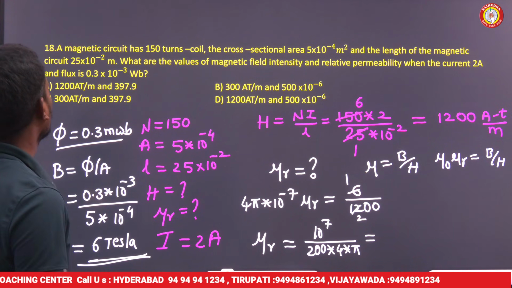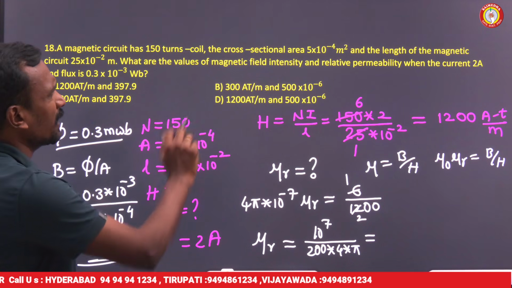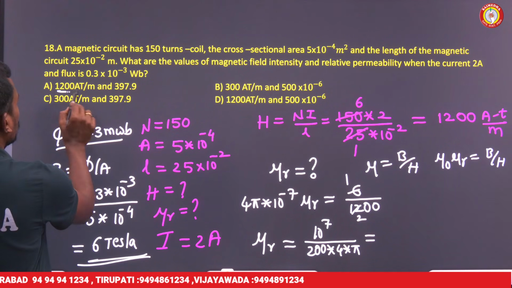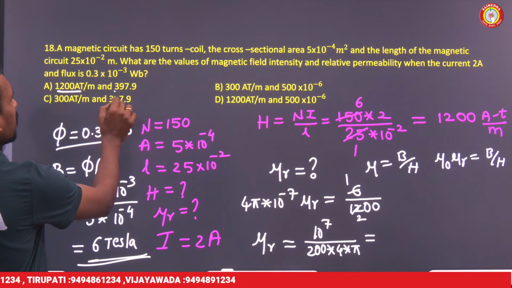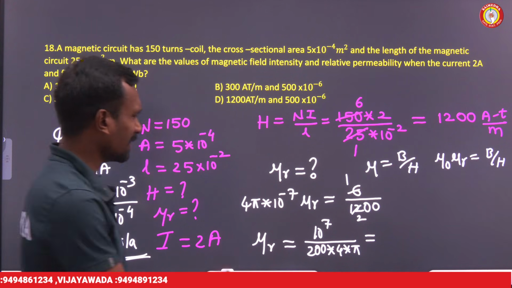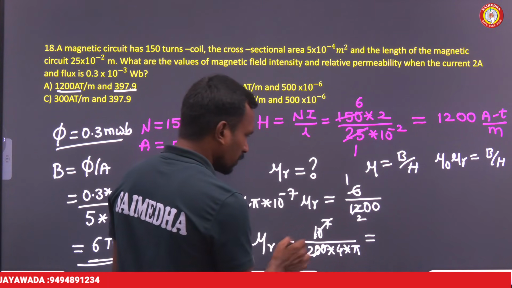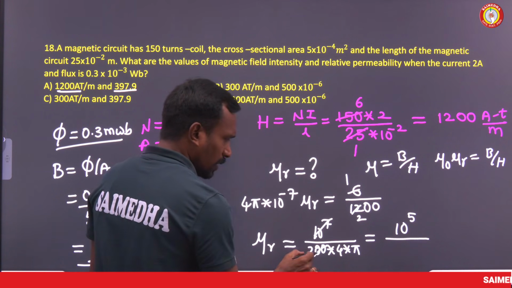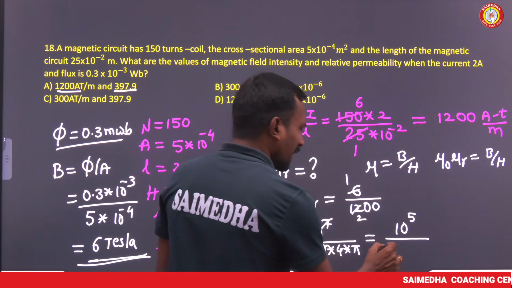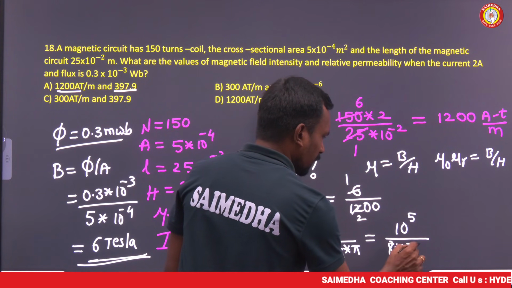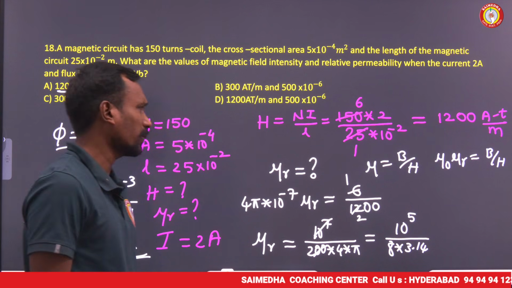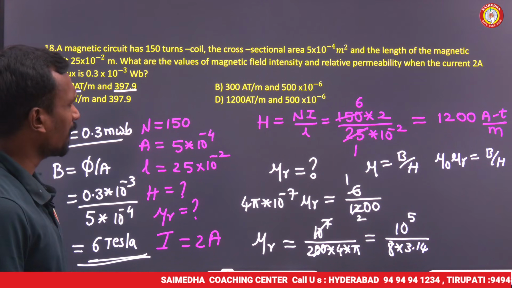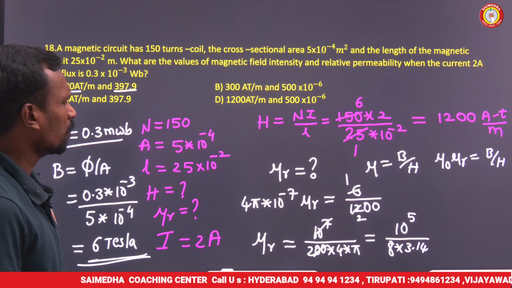What they asked first of all: magnetic field intensity is 1200 and relative permeability may be around 400. Let's see, we'll discuss. 2 zeros cancel, remaining 5 zeros will be there. 2 fours are 8 into 3.14. Is it okay?